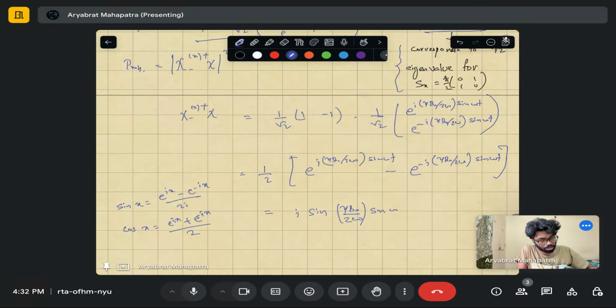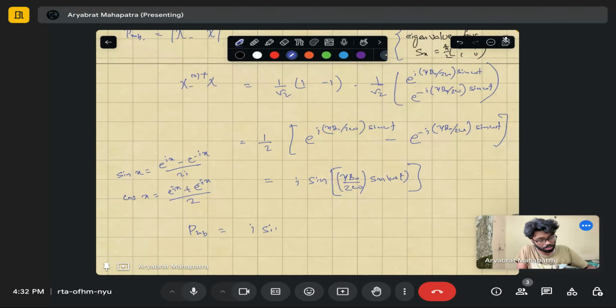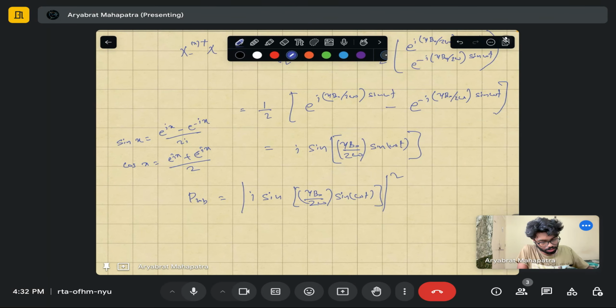So this is what you get, and then I have to take its mod square for probability. So this will simply give you sine square of gamma b naught over 2 omega sine omega t.